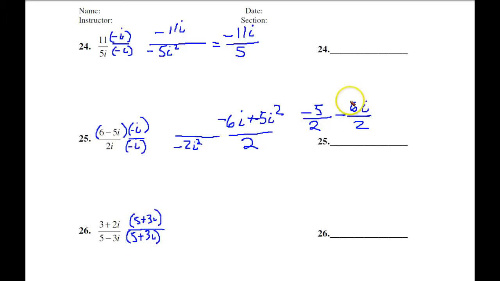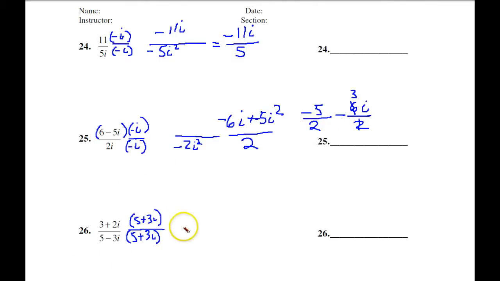And notice here you can cancel out. This will be a 3, and this is going to become a 1. So I believe that's the final answer, and I'll check it. Yes, it is. And again, they don't have the work here. It's just -3i. The 2 is a 1, and we don't write that.